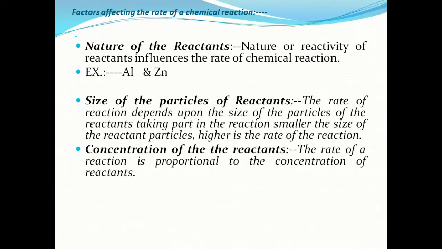Now let us see the factors which decide the rate of chemical reactions. Factors affecting the rate of chemical reactions. First, nature of reactant. Let us see the reaction of metals, aluminium and zinc, with dilute hydrochloric acid.